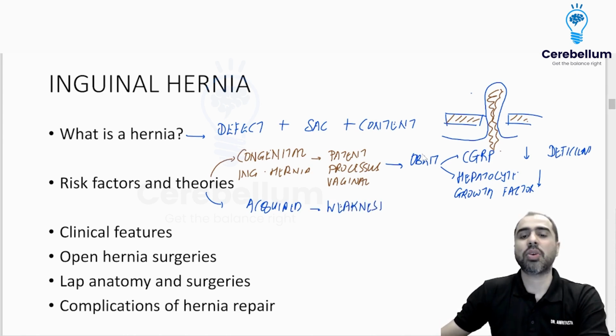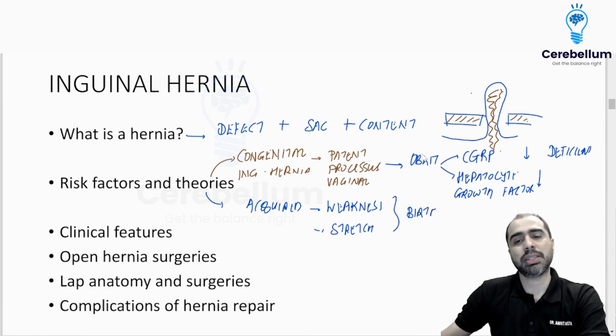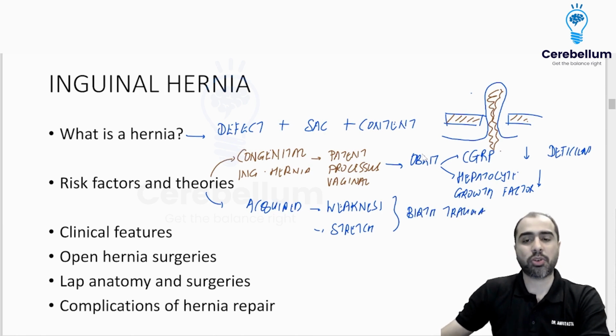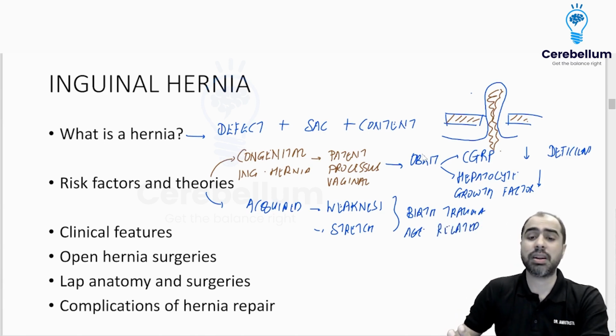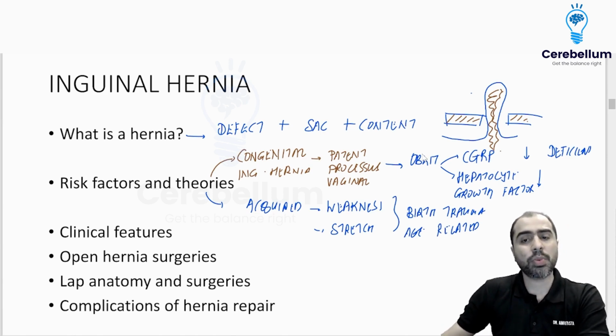Anything that causes a weakness in the abdominal wall causes it to stretch over a period of time, like birth trauma, repeated pregnancies, obstetric trauma, or age-related weaknesses. That's why some types of hernias are common in the elderly. Age-related weaknesses are going to be responsible for acquired hernias.